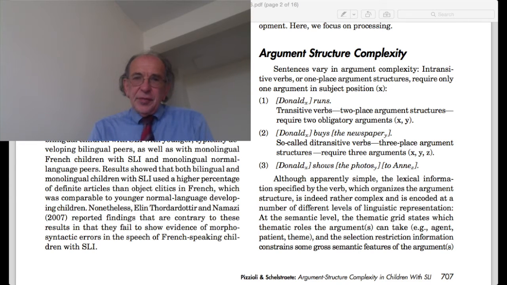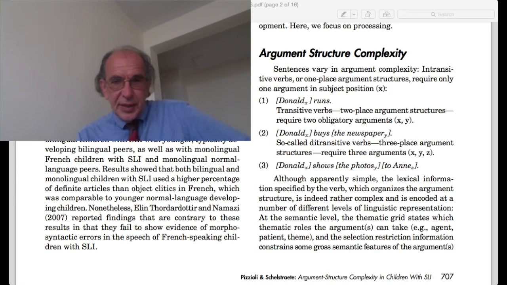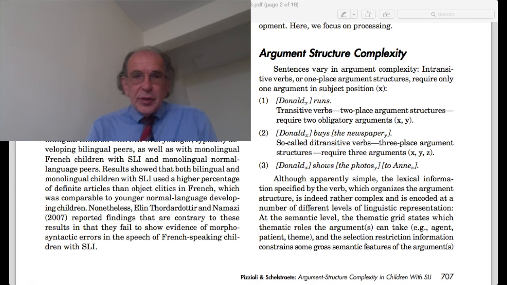Therefore, first of all, they are operationalizing argument complexity, the independent variable, by stating that we're talking about sentences that take one argument, a subject, two arguments, a subject and a single complement, and three arguments, one subject and two complements.